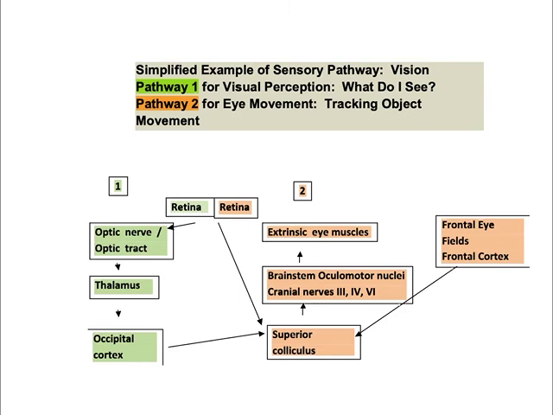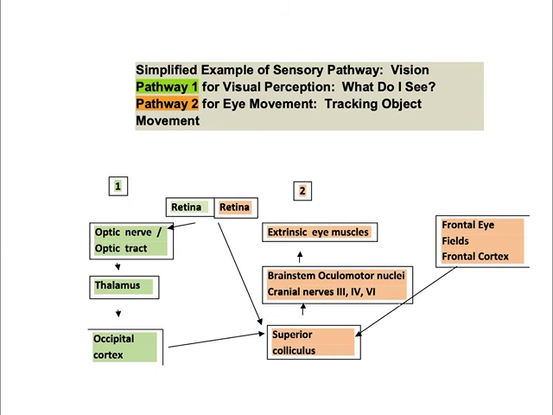And the retina, along with the occipital cortex, will have output to the nerves that move the eyeball, and so that's the oculomotor, abducens, and trochlear nerves. That will allow us to track the object that we're looking at. The frontal eye fields also play a role in this.